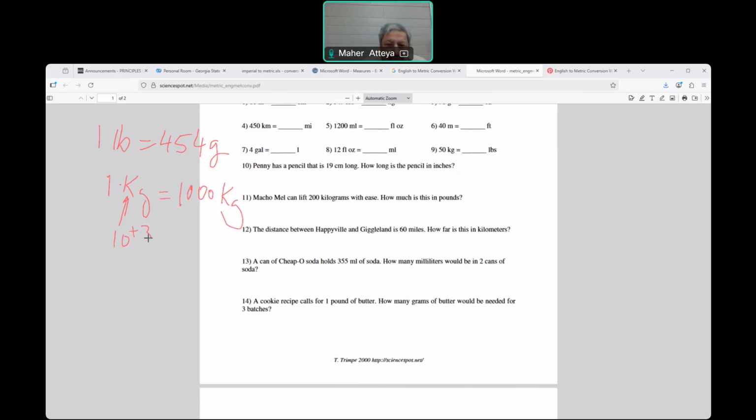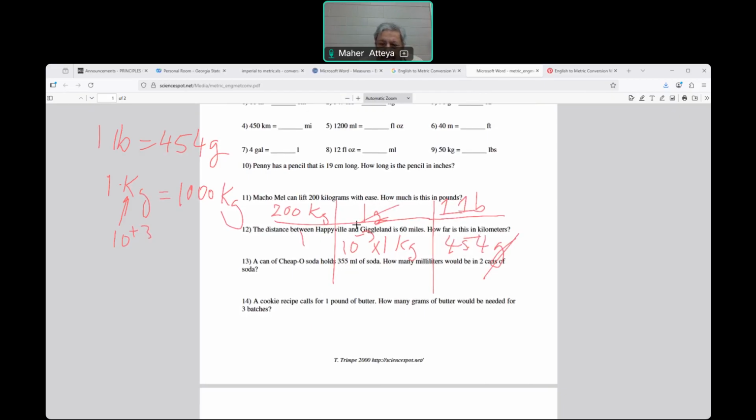So you have 200 kilograms over 1. The kilo is 10 to the plus 3, so put in front of it 10 to the minus 3, that's 1 gram. Then you have 1 gram here, and 1 pound is 454 grams.